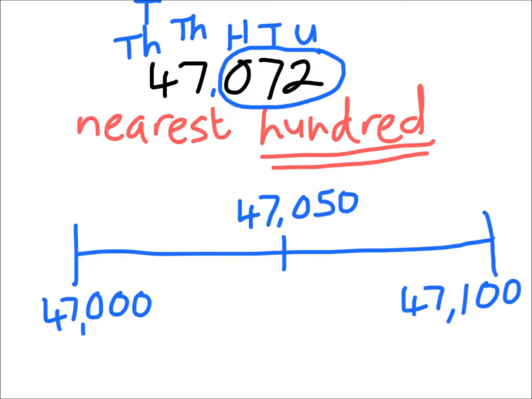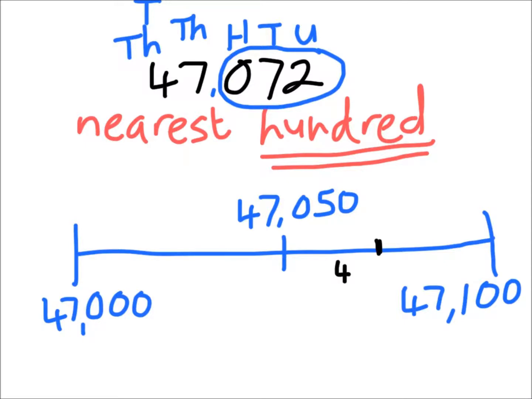Our next step is to put our number 47,072 onto our number line. So where does 47,072 come on our number line? It comes after 47,050. In fact, it's almost halfway between 47,050 and 47,100. Almost exactly halfway, not quite, almost. So I'm going to pop it in just before halfway, somewhere around there.